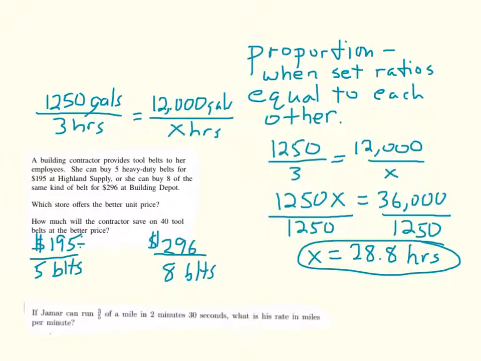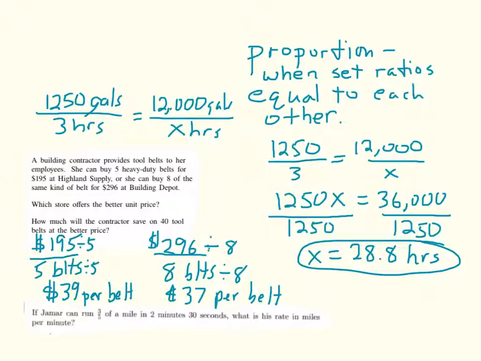So divide this one by 5. And so 195 divided by 5 is $39 per belt. And this other one I'm going to divide the numerator and denominator by 8. So 296 divided by 8 is $37 per belt.